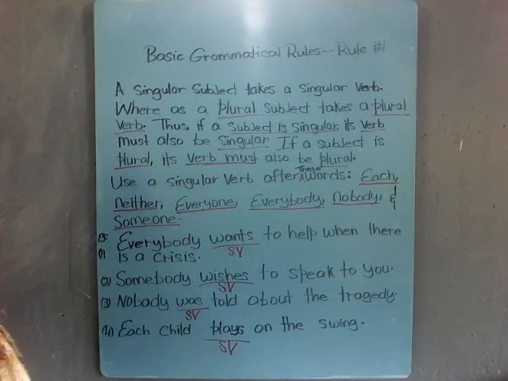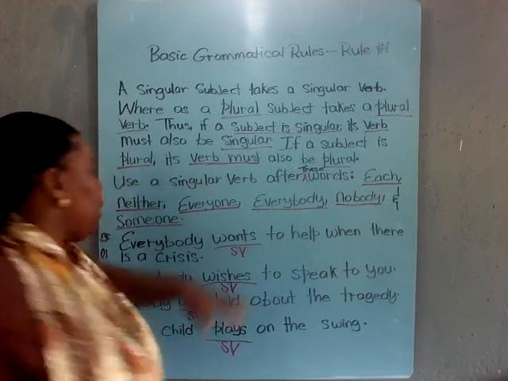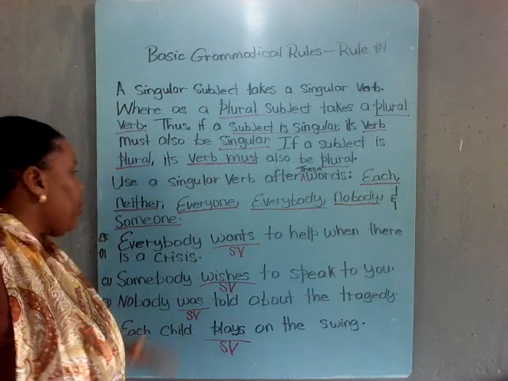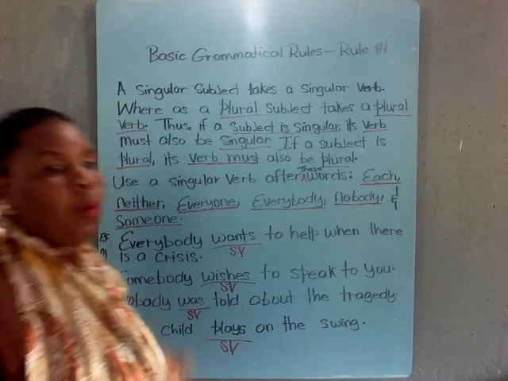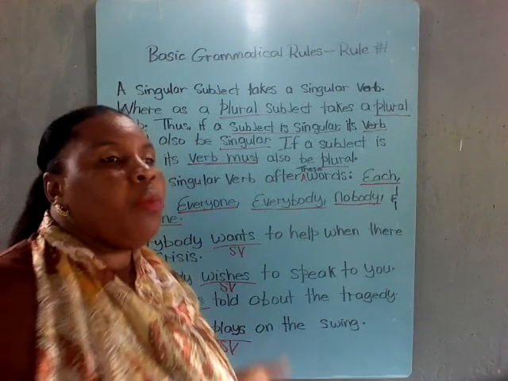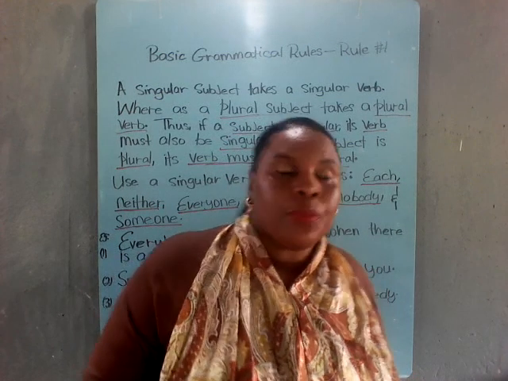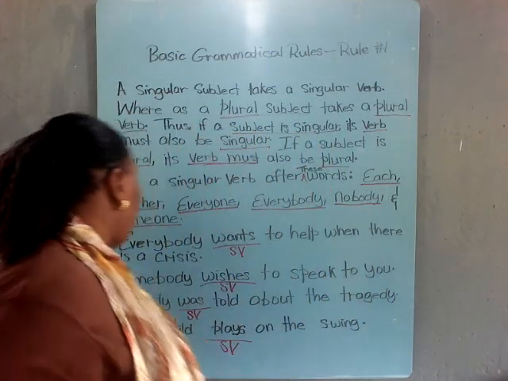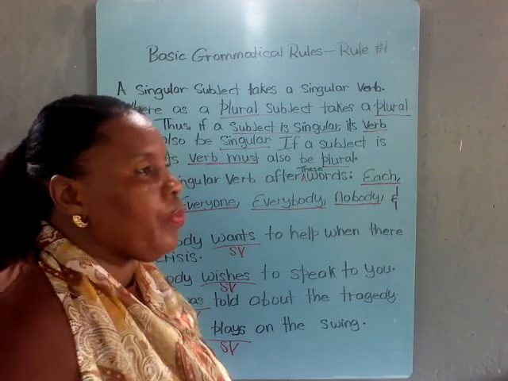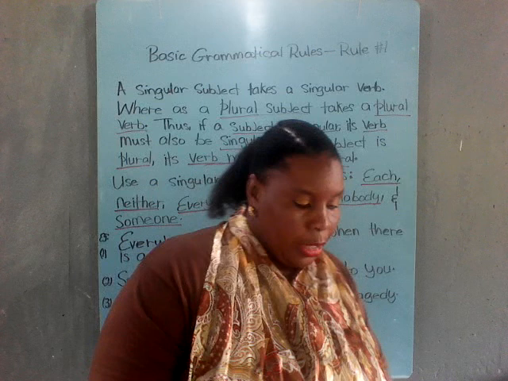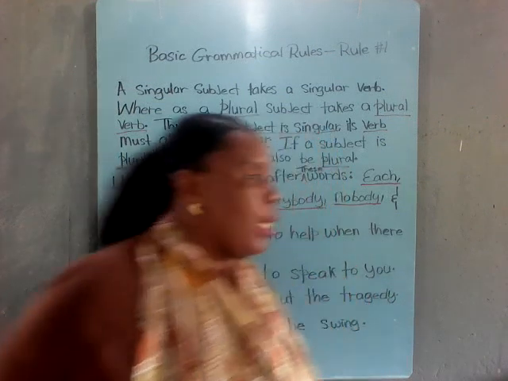Alright. So in these words, each, neither, everyone, everybody, nobody, and someone, it will be considered like a unit. So they are considered singular subjects.